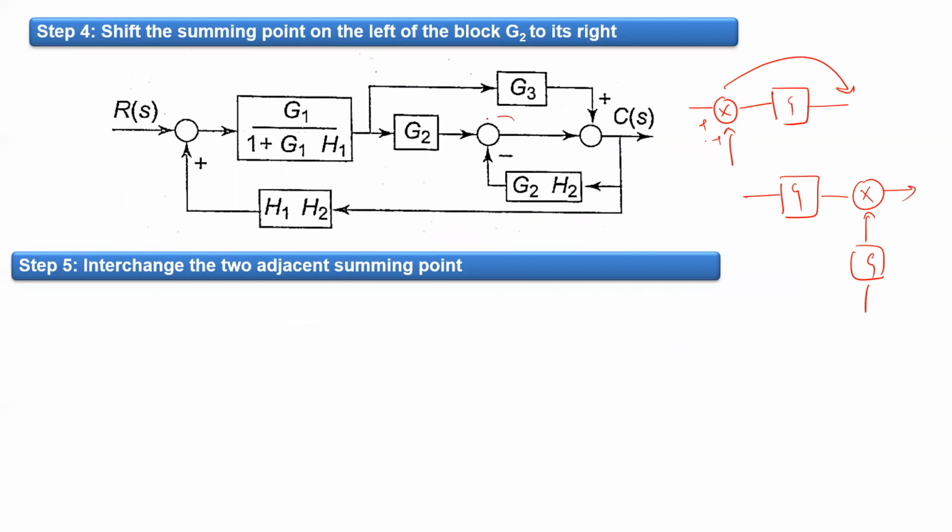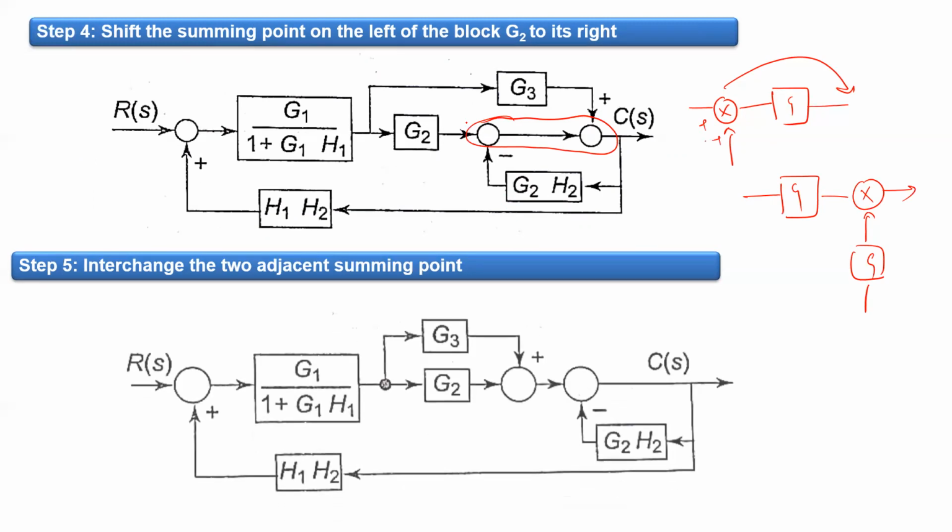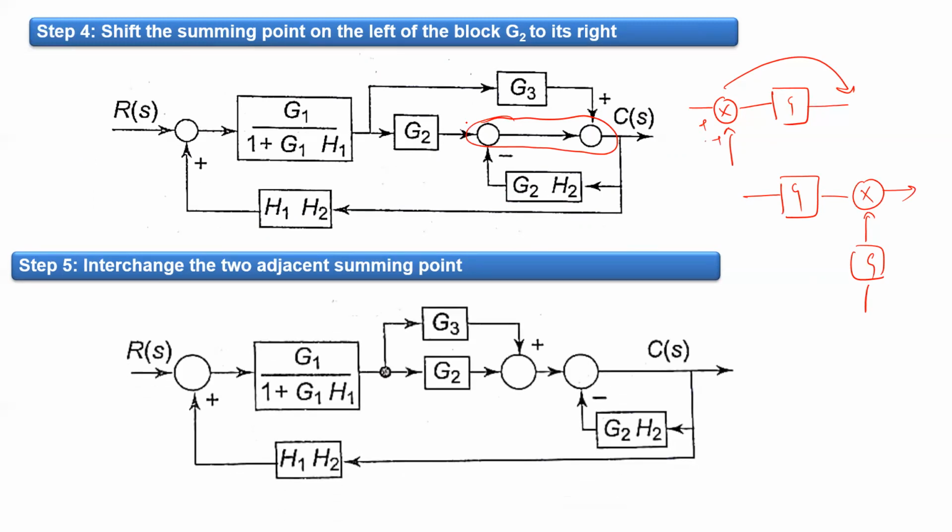Now we can simply interchange these two summing points to get a more simplified version of the block diagram. When we interchange them, we get a possibility to add the blocks, because now these two blocks are in parallel to one another.